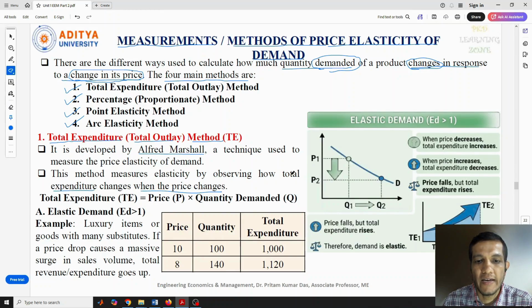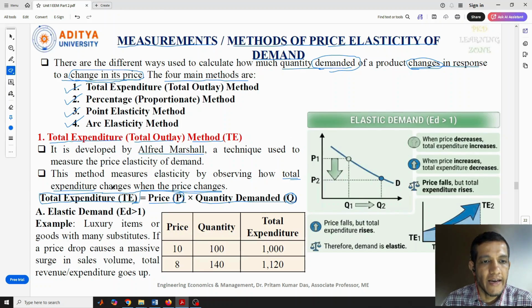In this method, we calculate the total expenditure of the product. To calculate it, we need to consider the price of the product, P, and also the quantity demanded, Q.